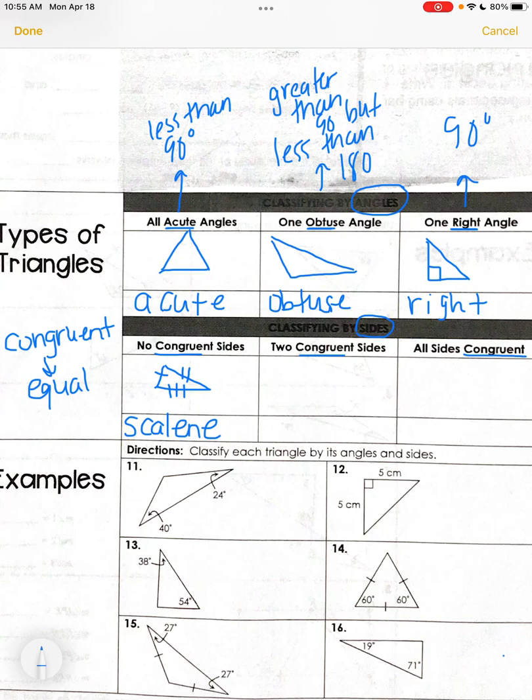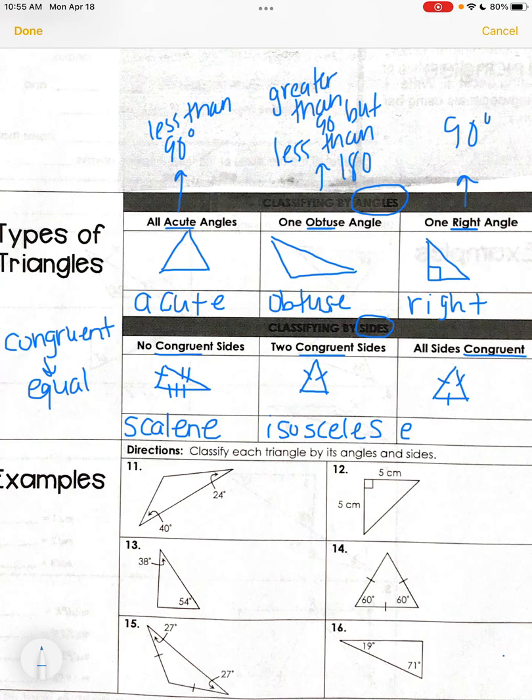Then we have a triangle with two equal sides. So since each of those sides only has one hash mark, that means they are equal. That is called isosceles. And then our last type is where they are all equal.